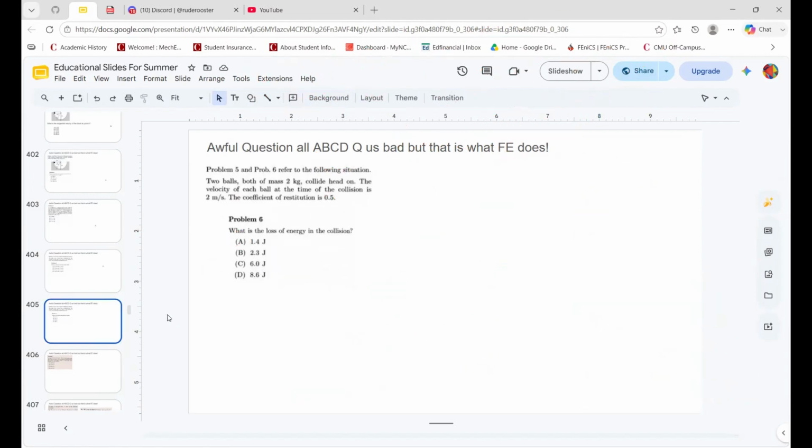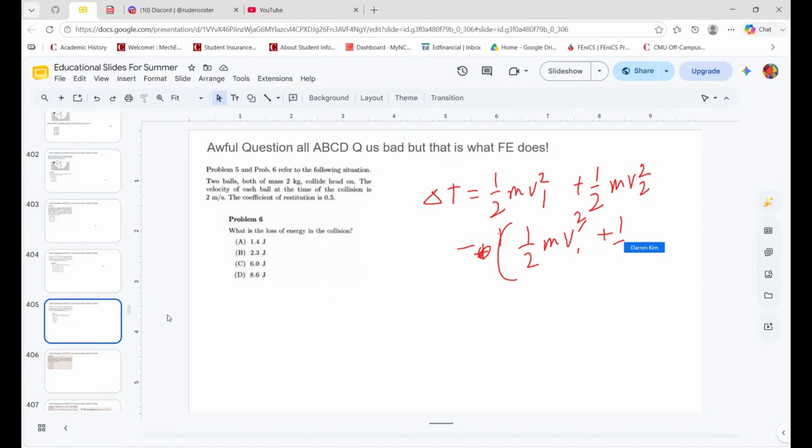But what's the loss of energy in the collision? So the loss of energy, well, we know is 1/2 mv squared for one of them, plus 1/2 mv squared for the second one, minus the parentheses 1/2 mv1 prime squared plus 1/2 mv2 prime squared. We know v1 prime and v2 prime are 1 in magnitude, so squared it's 1, and we know this is 4, so we just have to do the math.